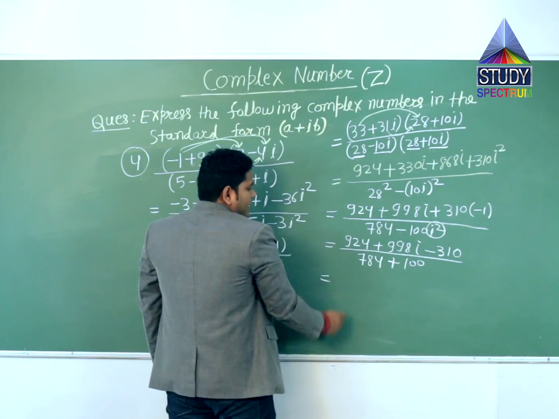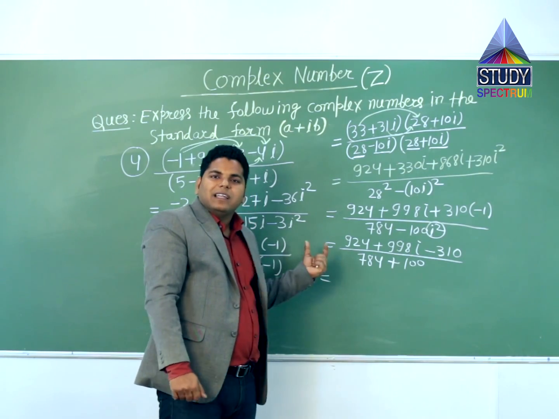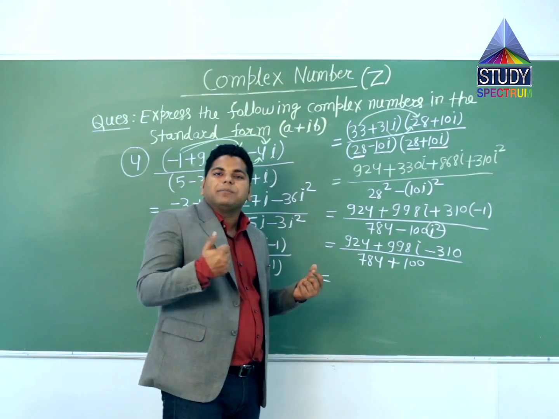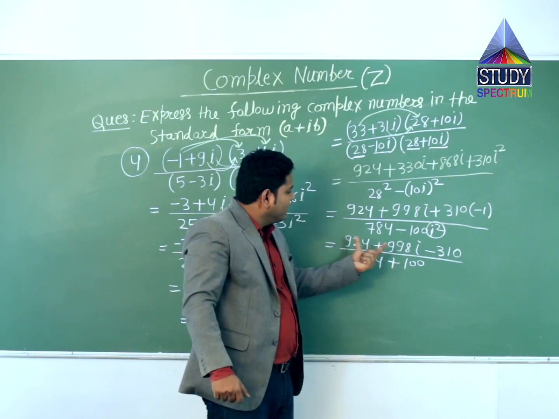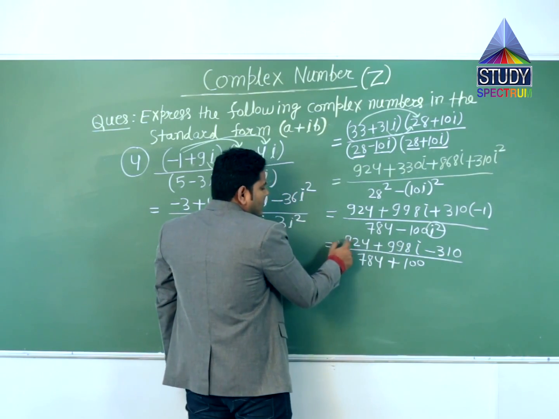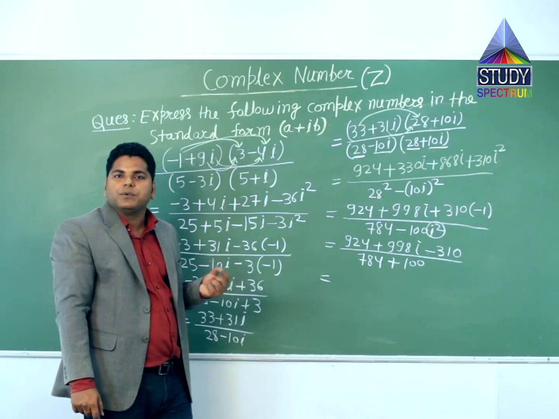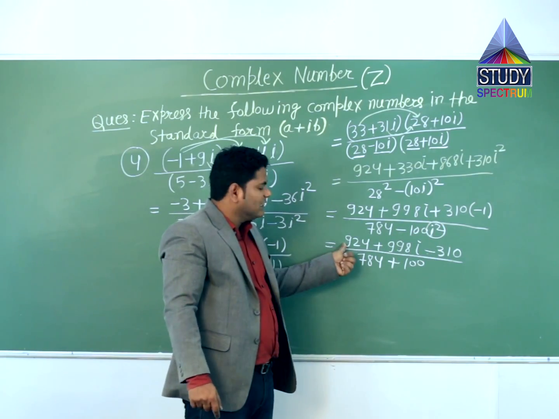I have told you many times that we will add or subtract with same class numbers. So here it is without i, here it is without i. So we'll write plus 924, here minus 310. Both have opposite signs, so we'll subtract and put the sign of the larger number, and the larger number has a plus sign.